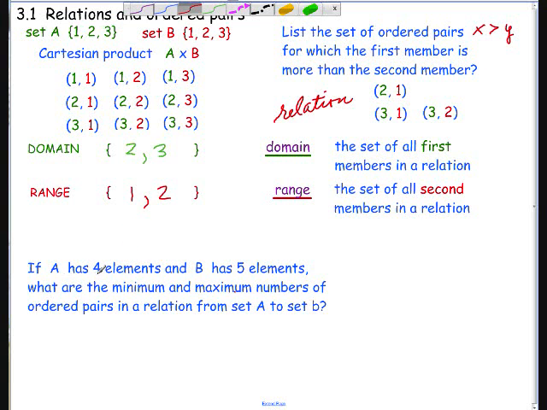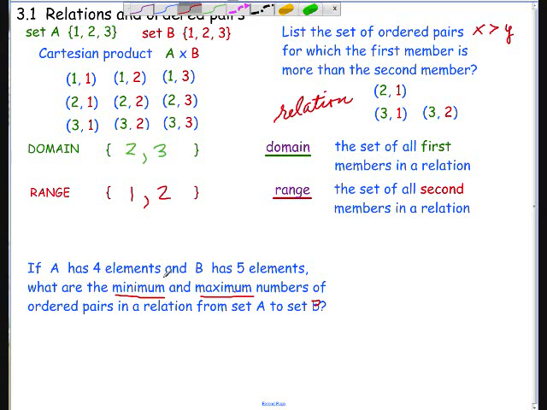Let's look at another one. If A has 4 elements and B has 5, what are the minimum and maximum numbers of ordered pairs in a relation from set A to set B? That should be capital. Well, we don't know what that relation is.